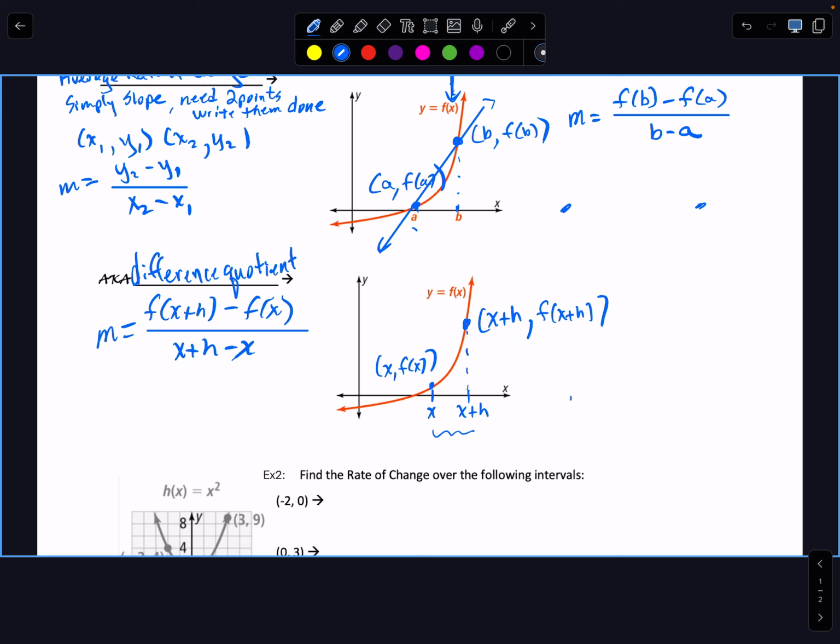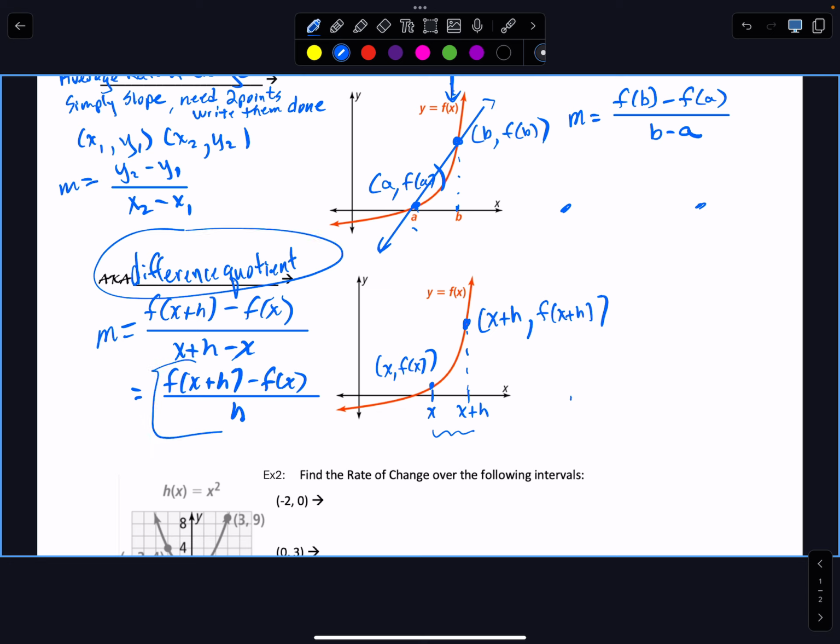So we can simplify this to just be over h. And that is the difference quotient. That is my difference quotient. Yay. So all that work with function notation has been leading to being able to handle this difference quotient.